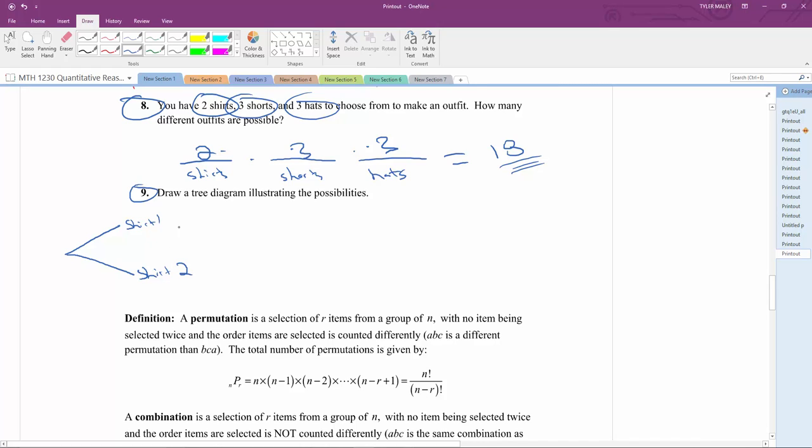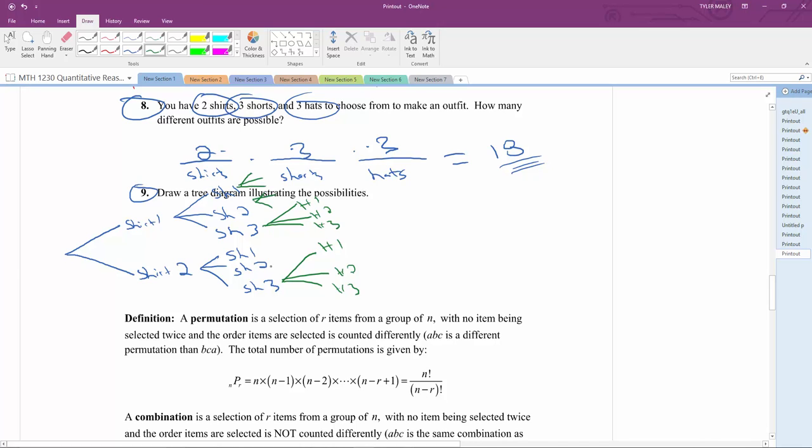From each of these, I'm going to have 3 shorts: shorts 1, shorts 2, and shorts 3, and then shorts 1, shorts 2, and shorts 3. Then off of each of these, I would have 3 hats: hat 1, hat 2, hat 3, and then hat 1, hat 2, hat 3. Each of these would have this.